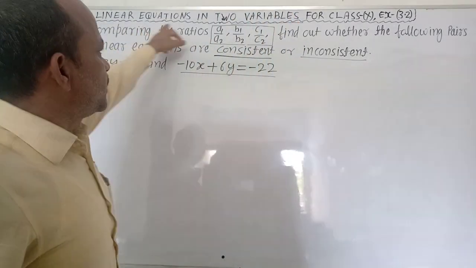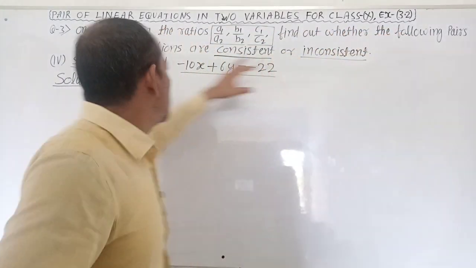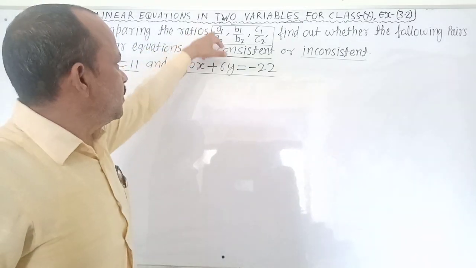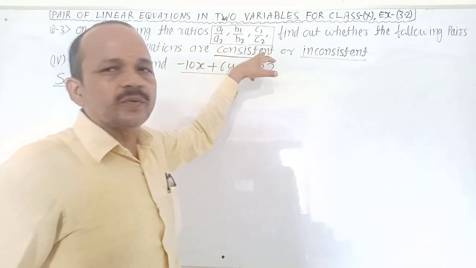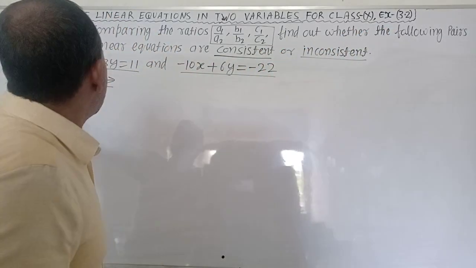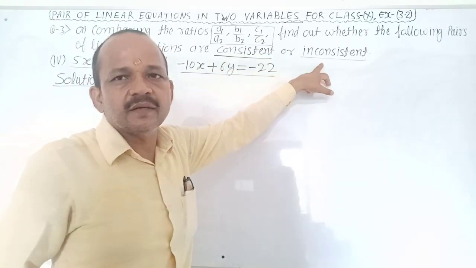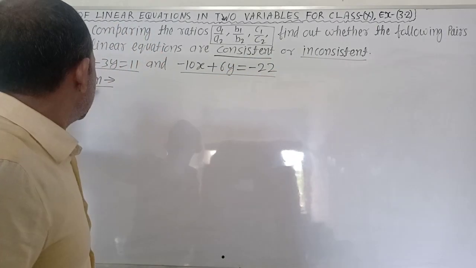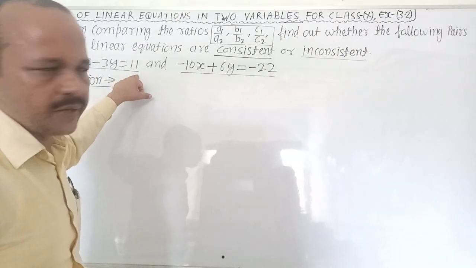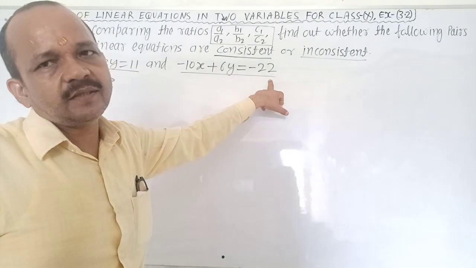See the pair of linear equations in two variables for class 10th exercise 3.2 question number 3. On comparing the ratios a1 by a2, b1 by b2, c1 by c2, find out whether the following pairs of linear equations are consistent or inconsistent. Question 4. 5x minus 3y equal to 11, minus 10x plus 6y equal to minus 22.